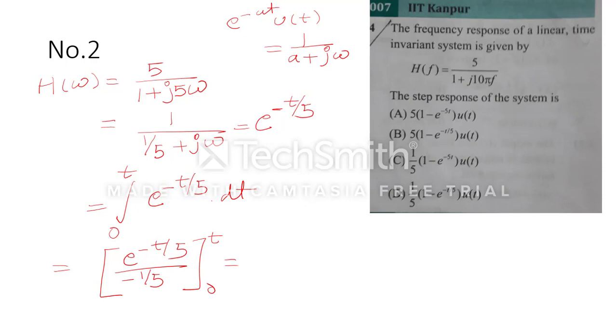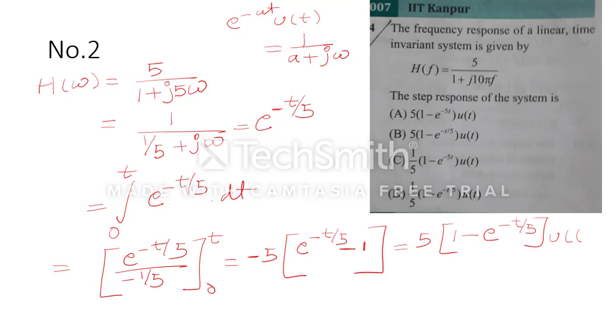We can take minus 5 outside, so it will be upper limit minus lower limit: e to the power minus t by 5 minus e to the power 0, which is 1. If we take the minus inside, we will get 5 times (1 minus e to the power minus t by 5) u(t). So we can see over here the correct answer will be option B.